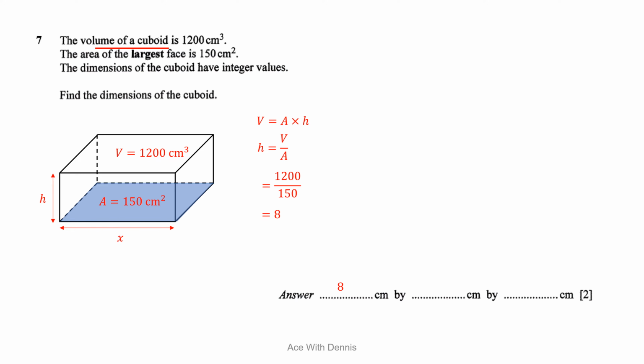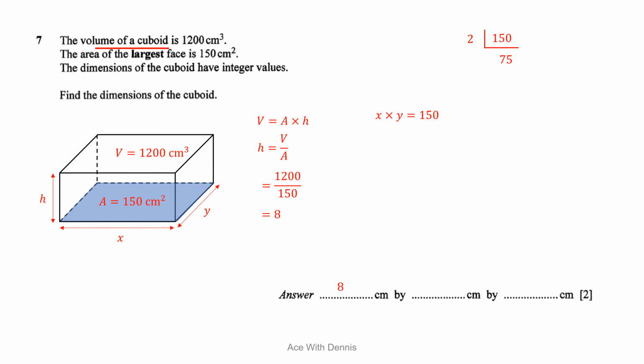Next, we want to move on to finding the length of the cuboid. Let's label the length as x, and the breadth as y. So x times y is 150, as it is the area of the base. Now let's find the product of prime factors of 150.